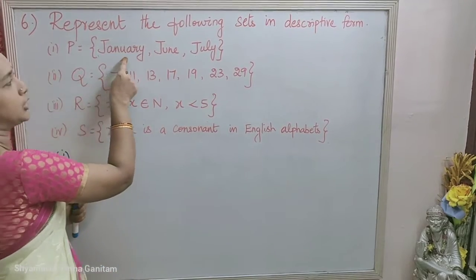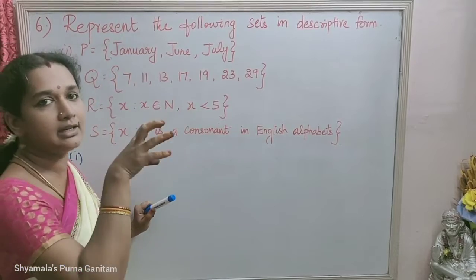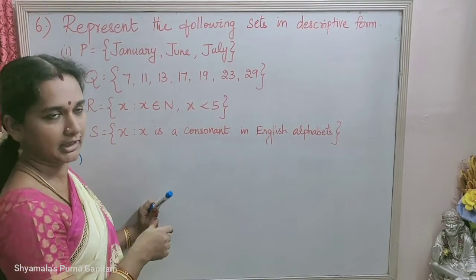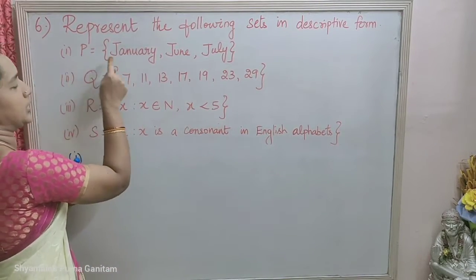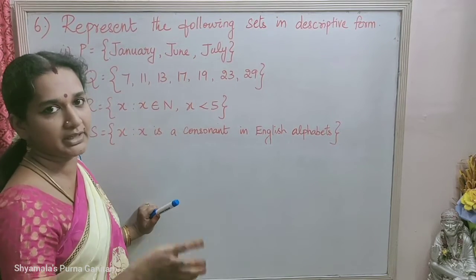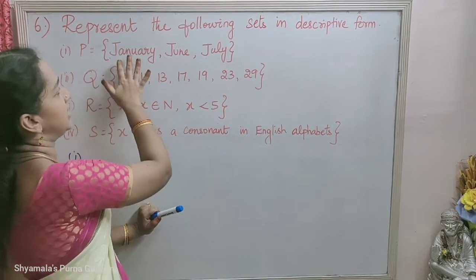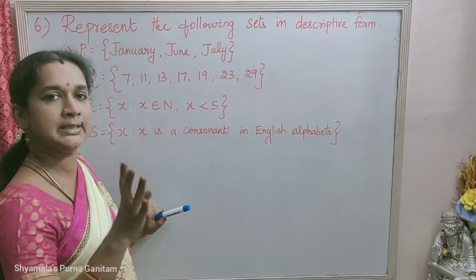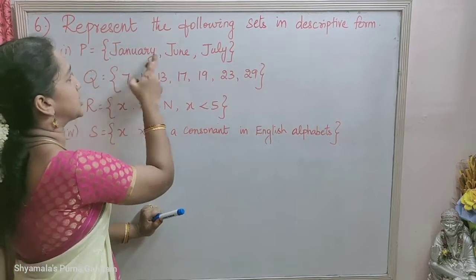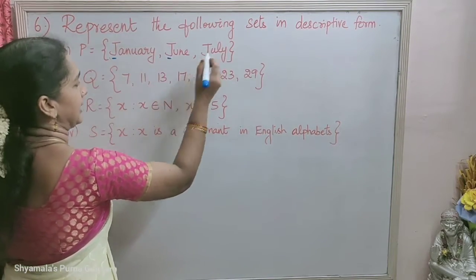So P is equal to January, June and July. You should know how to connect the elements given in the particular set. So these are the months of the year. English months we can say. Tamil months are there, English months are there. Here these are the English months of the year that start with the letter J. So this can be described like that.